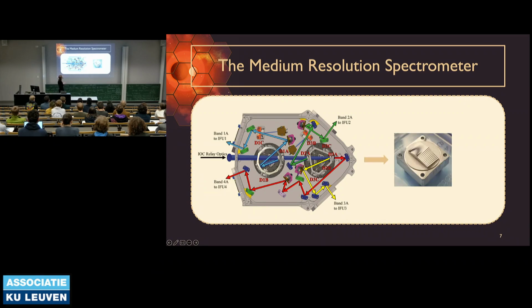After this, all this light is then projected onto an IFU, and this is what this is over here. So essentially, this splits the light into different spatial coordinates. So aside from just spectral, we also get the spatial information.